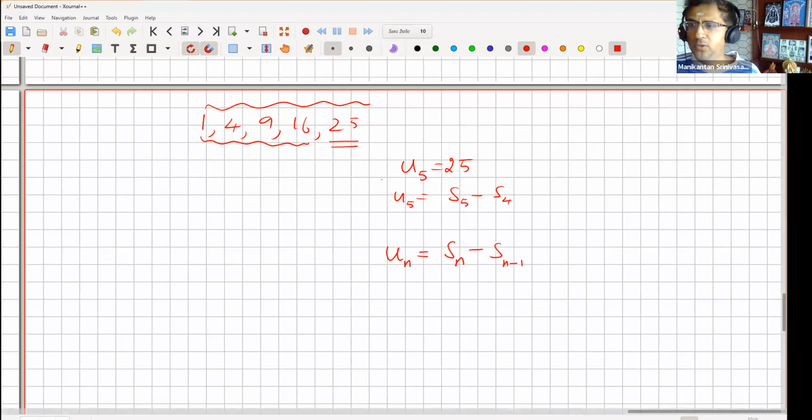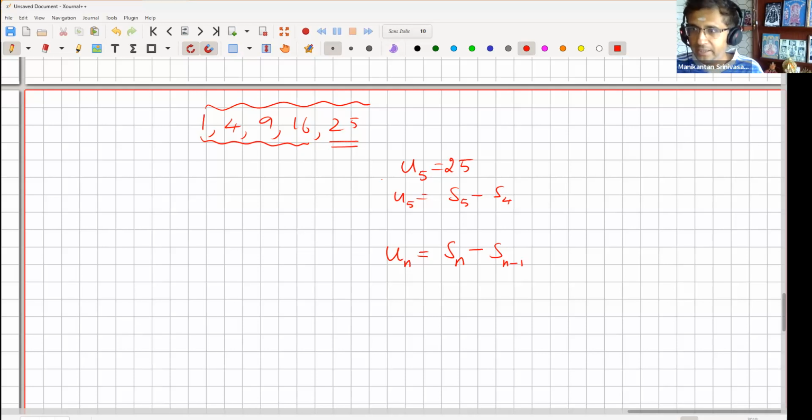Now, why would people do this? I mean, if at all anything, finding the term is easy. Finding the sum requires more effort is what the general opinion is. But that's not true. Sometimes it might turn out that finding the sum of n terms is easy, but finding a specific term is harder, which is why you want to have this option handy.